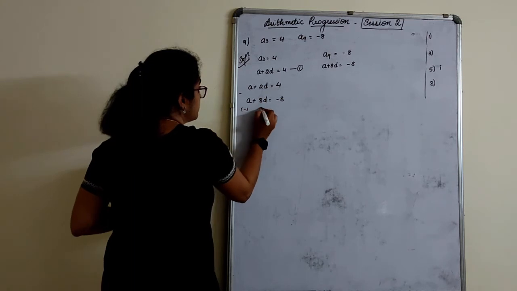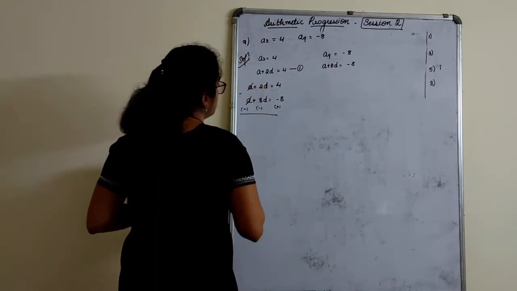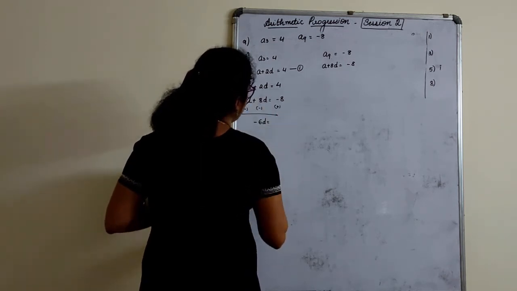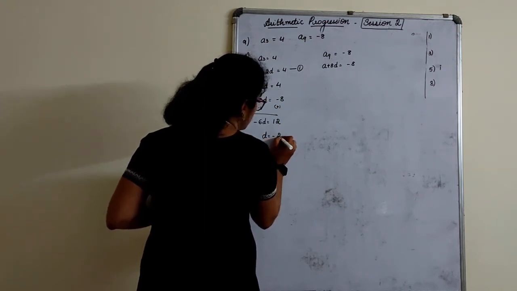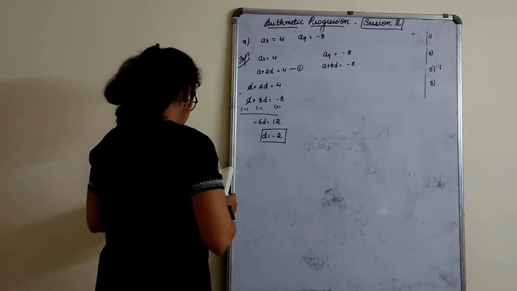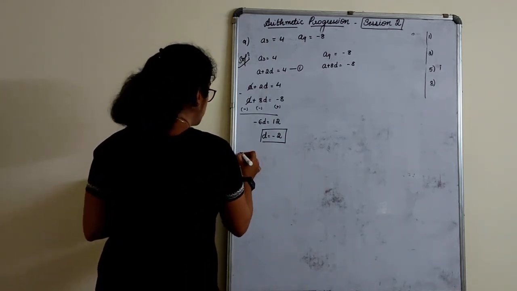Subtract it. A cancels. So 2 minus 8 is minus 6D is equal to minus 8 minus 4, that is minus 12. So D is equal to minus 2. 6 ones are 6, 6 twos are 12, minus in the sign. So D is equal to minus 2 here. Substitute.